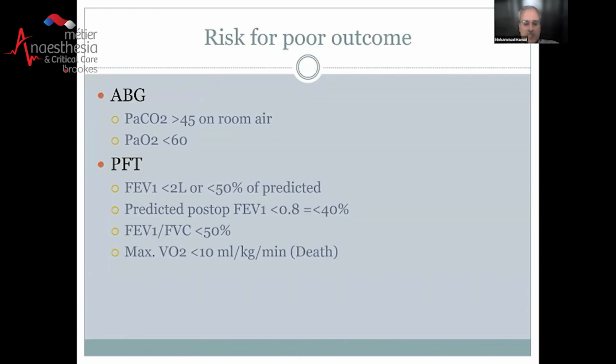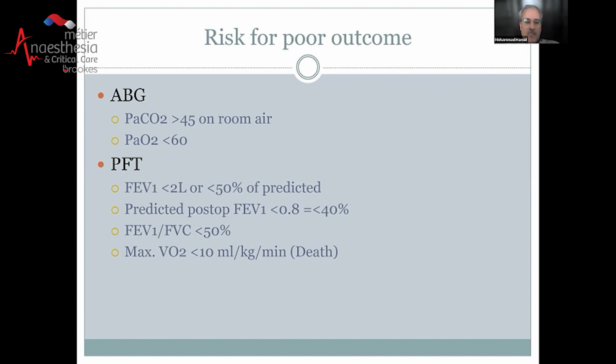So the risk factors for poor outcome are those patients who have PaCO2 more than 45 millimeters of mercury on room air, PO2 less than 60 on ABGs, PFTs with FEV1 less than 2 liters, and predicted post-operative FEV1. Predicted post-operative FEV1 is basically the FEV1 you can get after surgery.